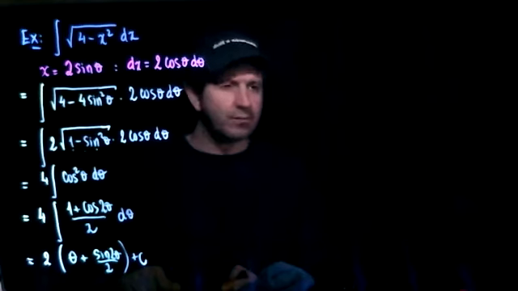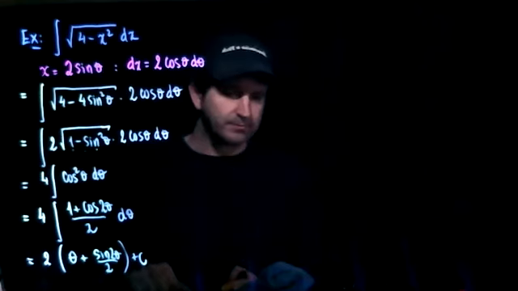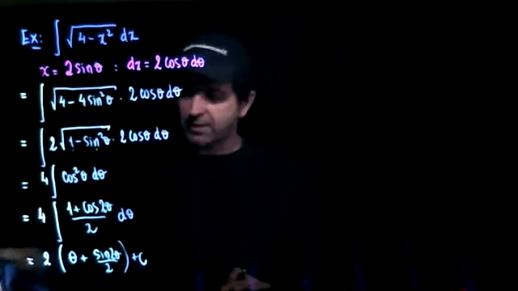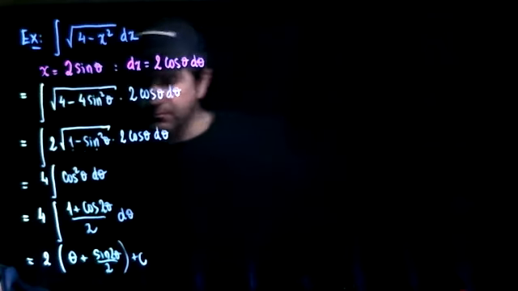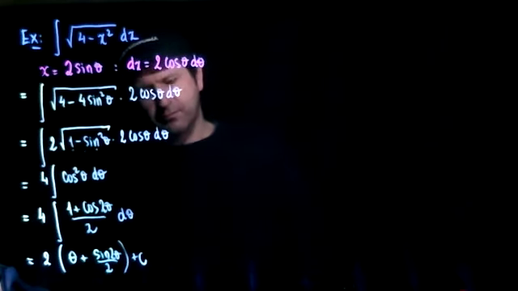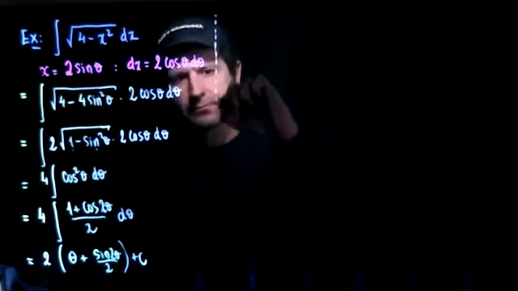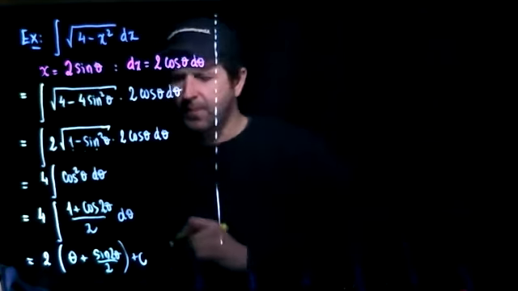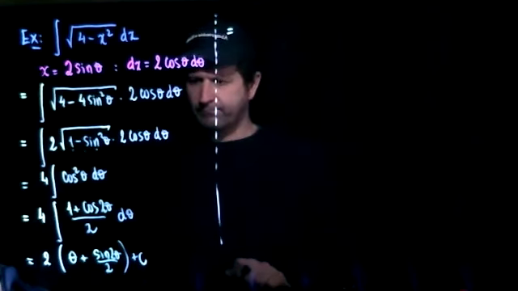The only thing I need now is to re-express everything back in terms of x. Okay, that's also a challenge. Sir, why did the 4 become a 2 outside of the integral?